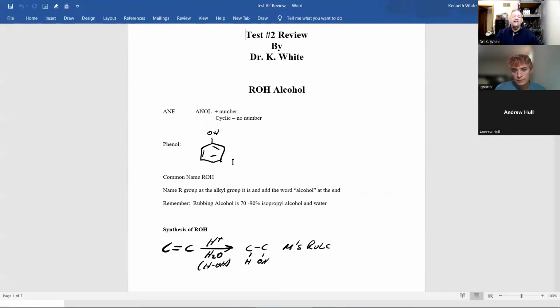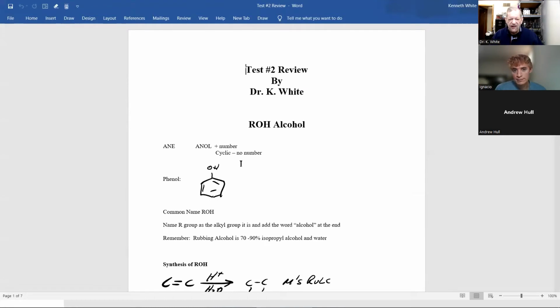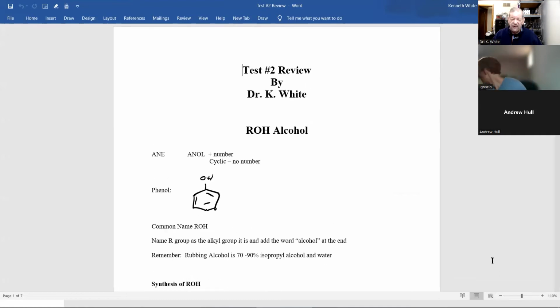Well, in that case, let's do the review for test number 2 first. Then we'll do the aldehydes and ketones problem set. And if we still have time, which we probably will, we'll continue on with carboxylic acids, which will be on test number 3.